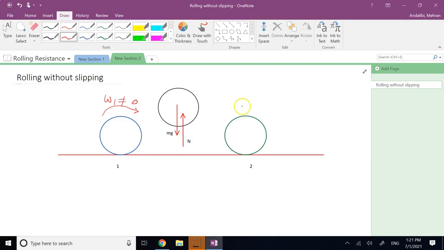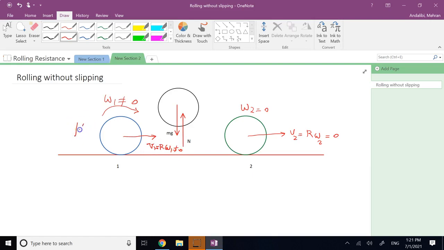So what you will see is it goes to omega 2 equals 0, and so the velocity of the center of mass V2, which is equal to R times omega 2, is going to be 0 here. The velocity of the center, V1, is equal to R times omega 1, and it is non-zero.